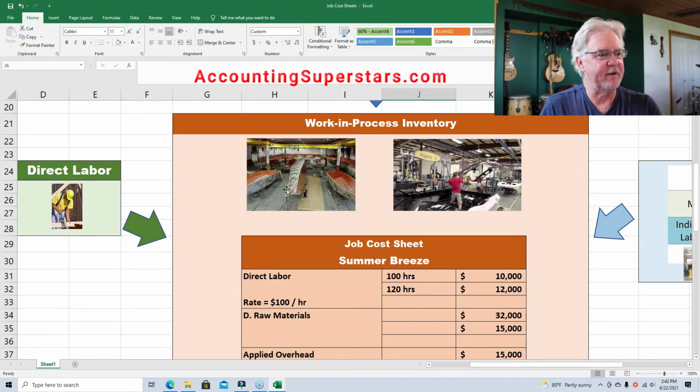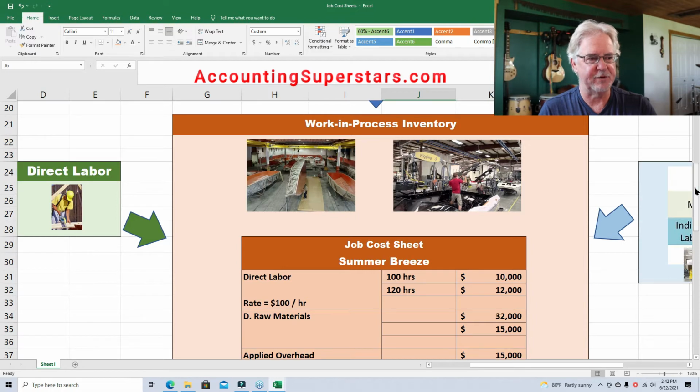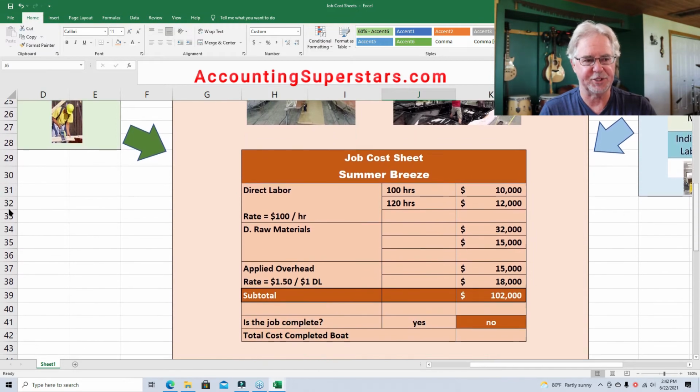And here's a picture of the factory floor, and they have molds of fiberglass hulls. And here's a guy installing some stuff onto a boat. So this is work in process. This is where all the action is in a manufacturing process, and a lot of times in a service process too. And the supporting documentation for work in process are the job cost sheets.